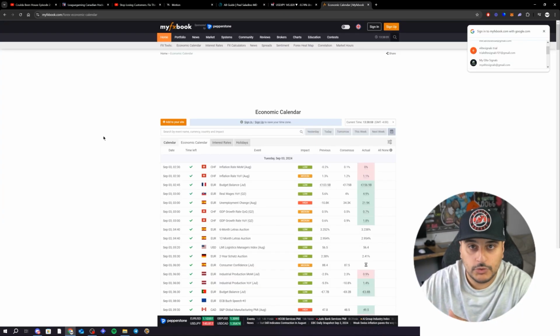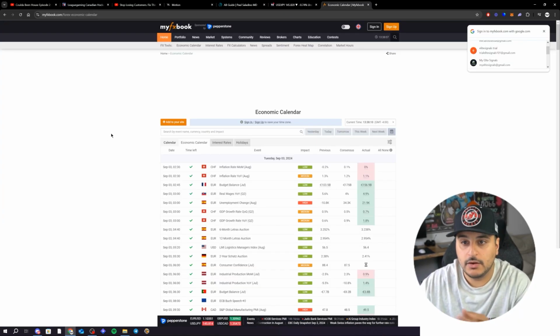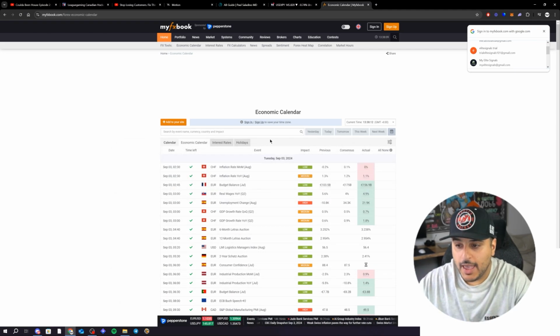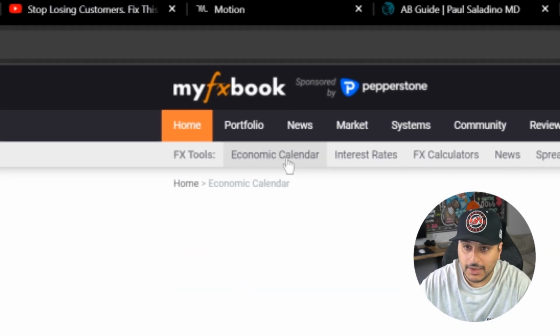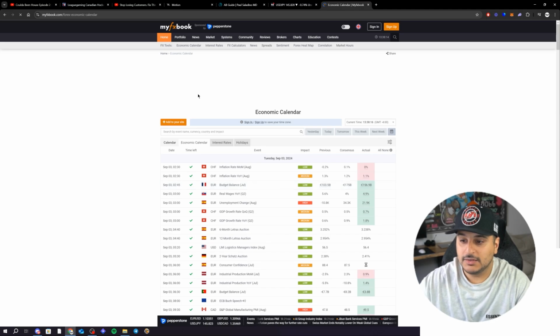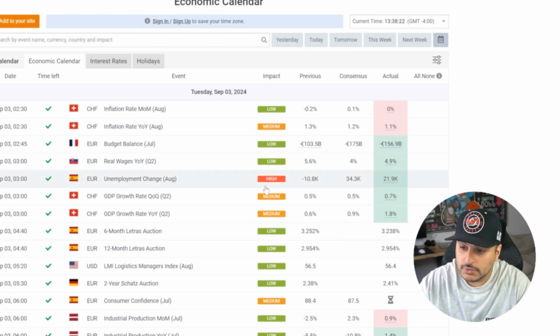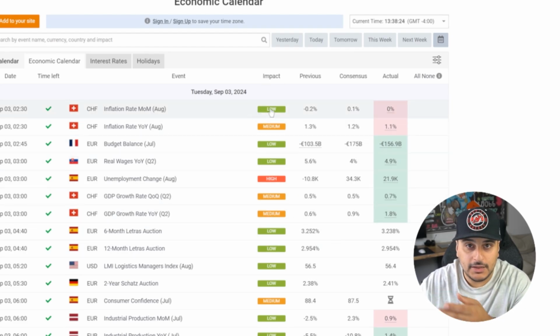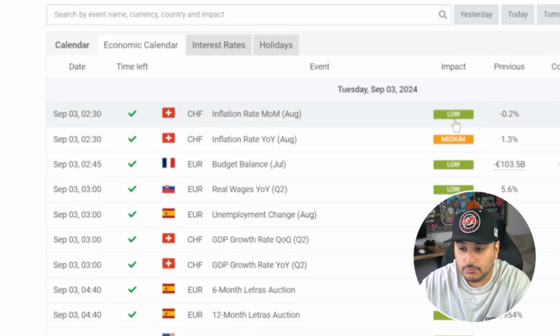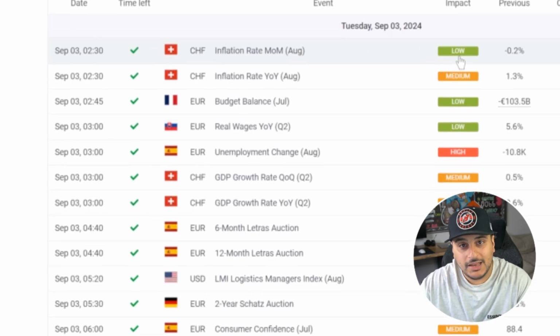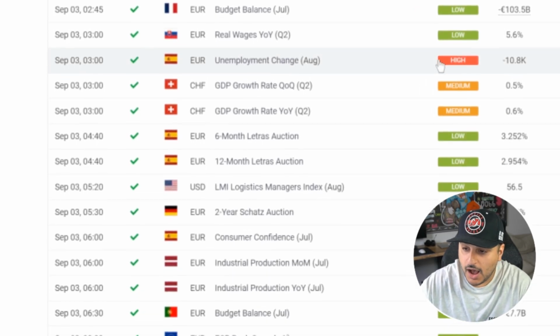So the next thing we want to do guys is go to this website right here, MyFXBook, and we are going to go over to the economic calendar. As we see right there, it's going to bring us to this page over here. What we want to do on this page is simply look at the impact news on what's happening in the Forex market. And we simply want to avoid trading any pairs that have a high impact.